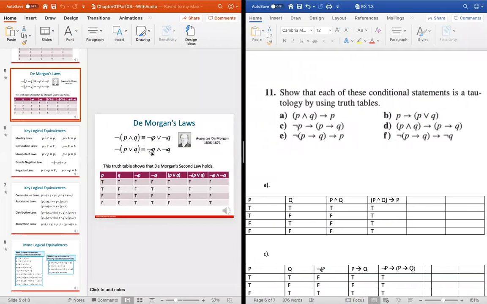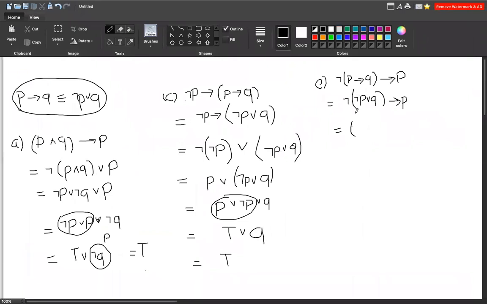So negation of P, then this or will become and, and then this negation multiplied with this as well. We have this implication, then P.